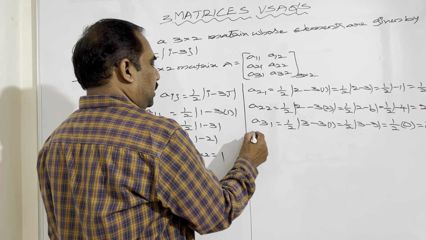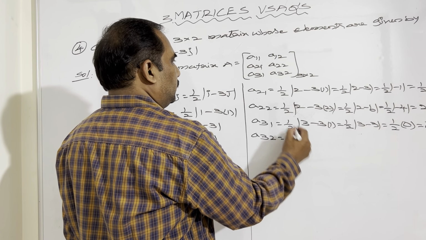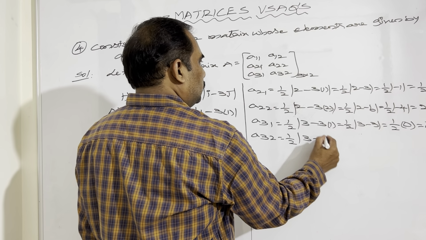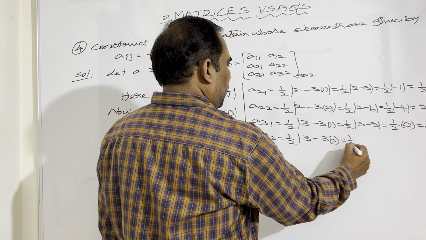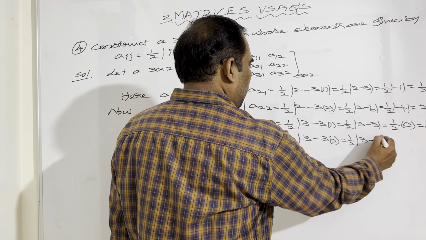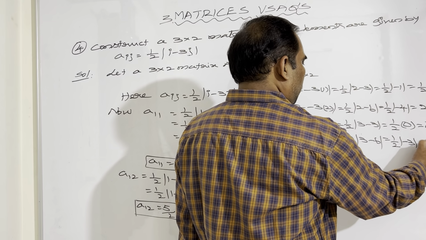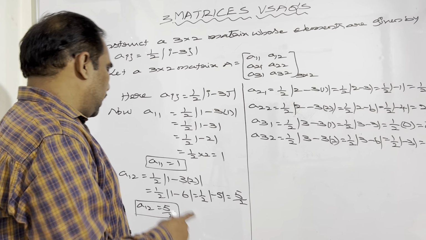Next, A32 is equal to 1 by 2 into modulus of 3 minus 3 into 2, which is 1 by 2 into 3 minus 6, which is minus 3. The modulus of minus 3 is plus 3 only, so we get 3 by 2.